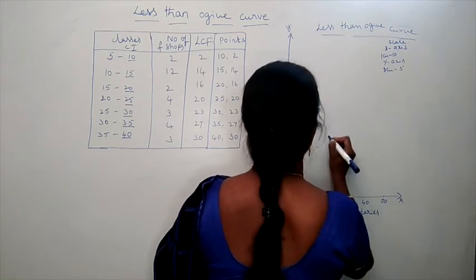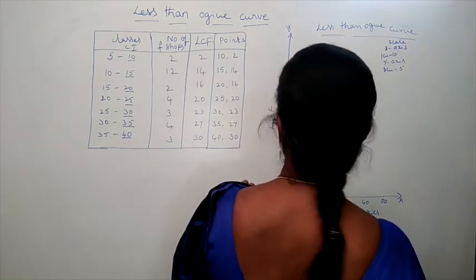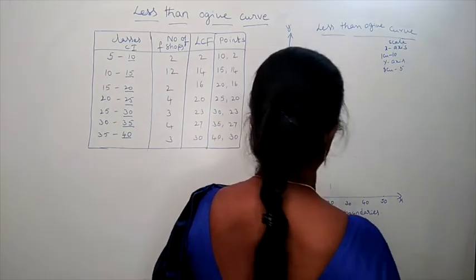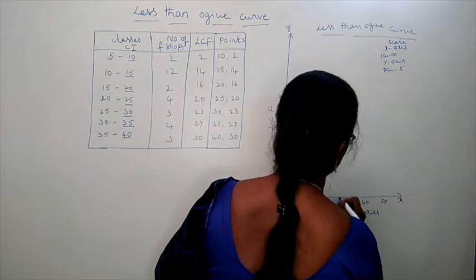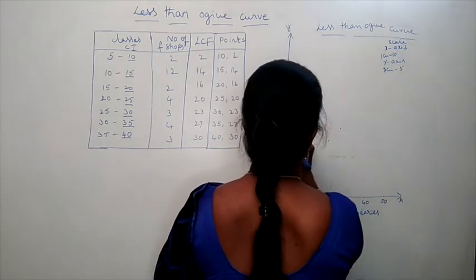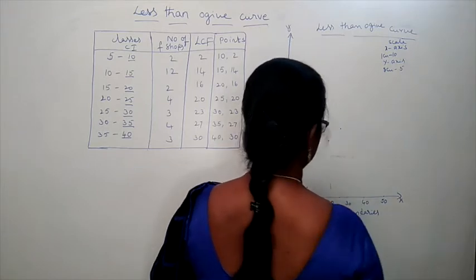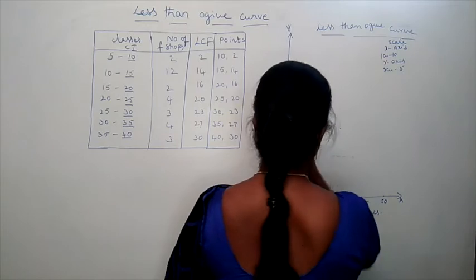20, 16 here. Next, 25, 20: 25 means the middle of 20 and 30, 25 and 20. Here, 20. Next, 30, 23 means 20, 25 middle.